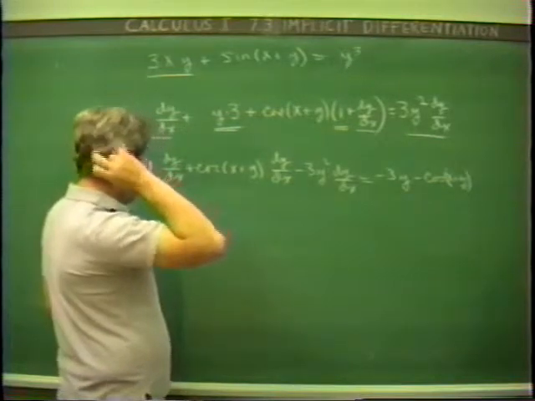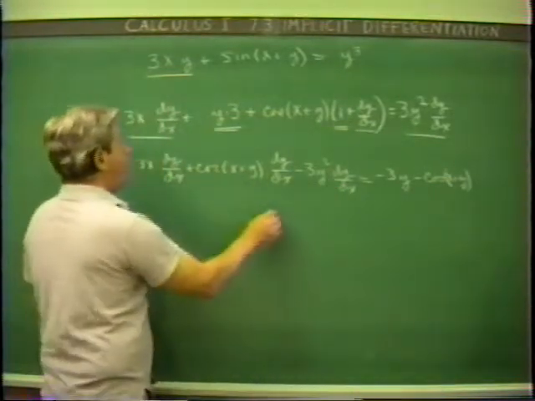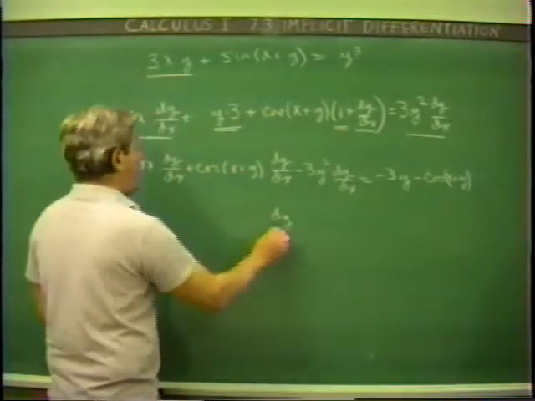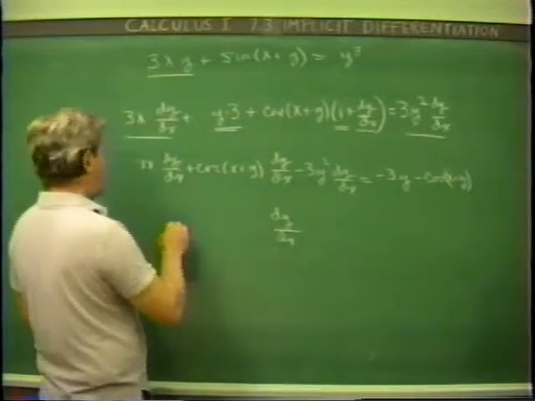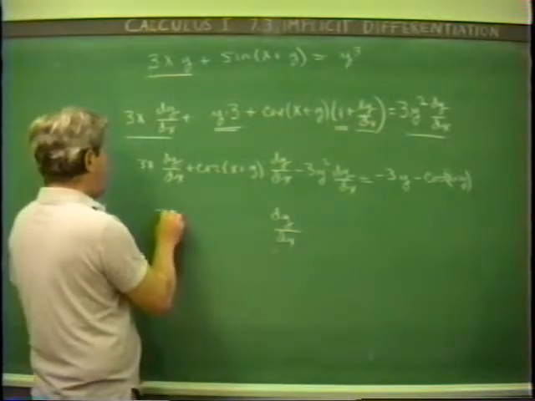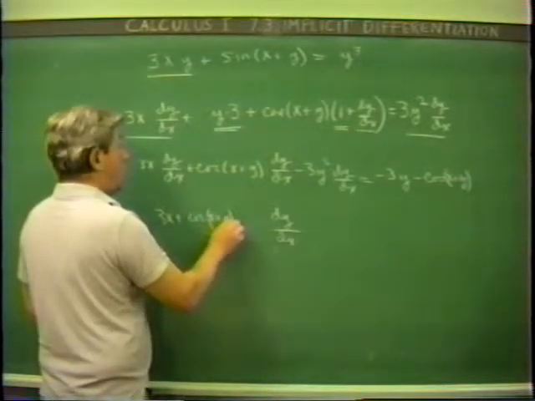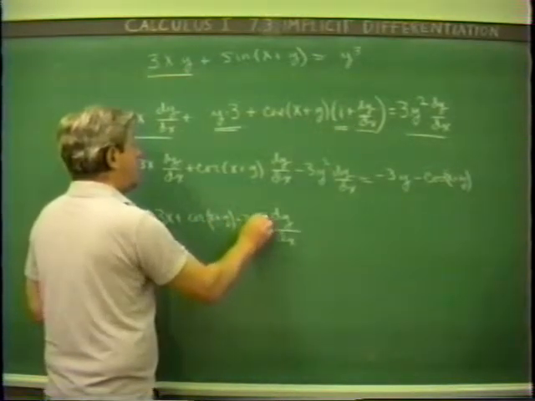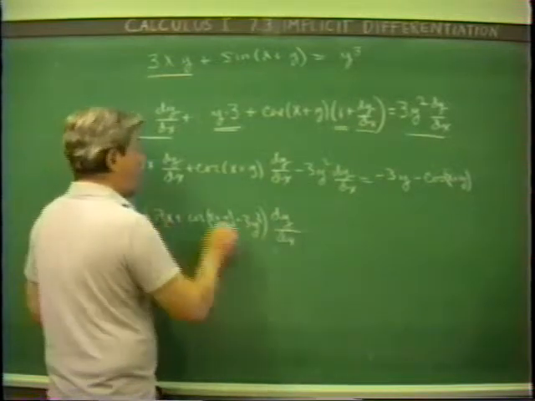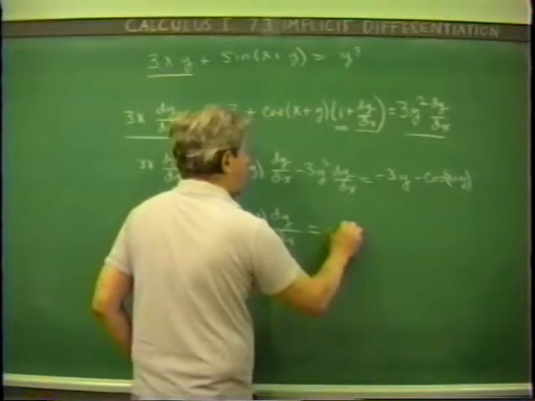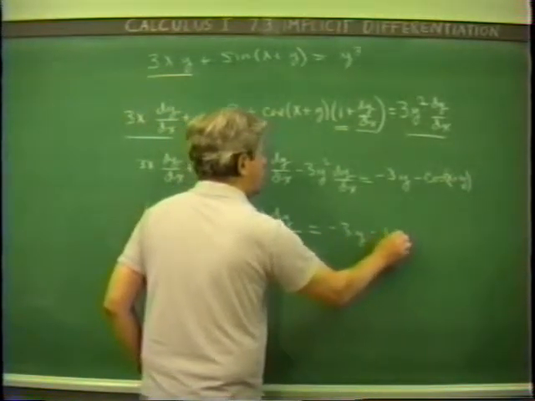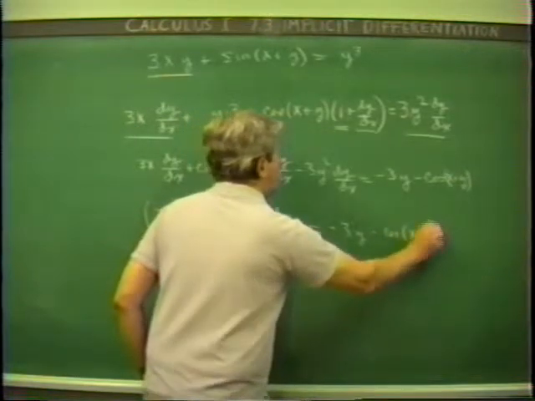Now, one could have saved some time here by just writing all of this in front of dy dx. That's to say 3x plus cosine of x plus y minus 3y squared times dy dx equals minus 3y minus cosine of x plus y.